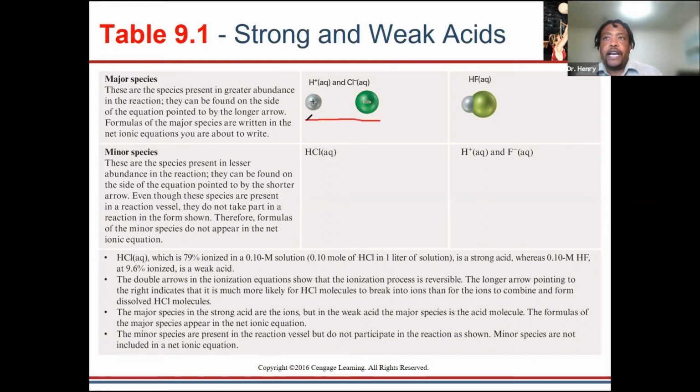So we have more of these guys than the compound that's together. Whereas in the case of the weak acid, we have more of the acid that's still together than the ions. We have a little bit of that. Major means you have the majority of it, and minor means that we have the least of it. Does that make sense? Yeah.